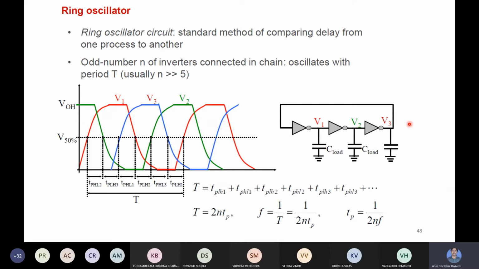Accordingly we can decide; depending on some new technology we have to evaluate, generally we design a CMOS inverter first, then we use this CMOS inverter in a ring oscillator, and try to estimate the performance. So this is one of the ways by which we also estimate the performance of the technology, and the performance of the transistors of that technology.